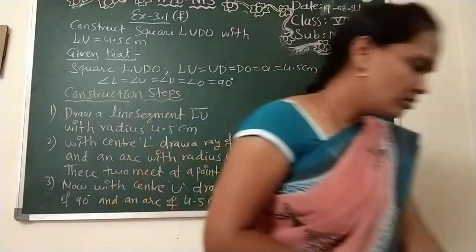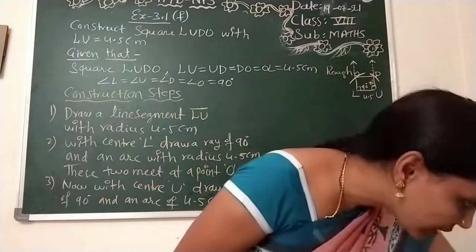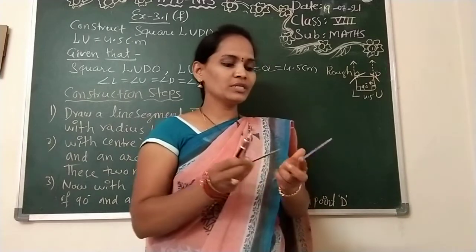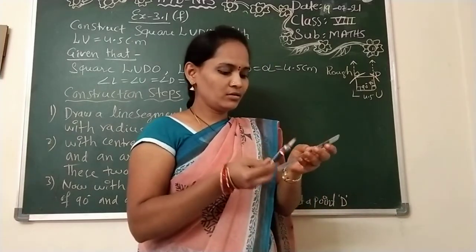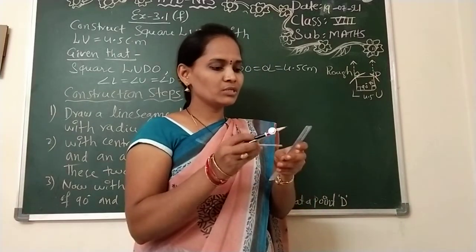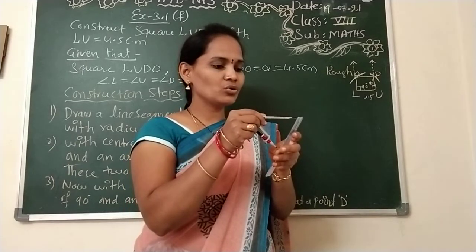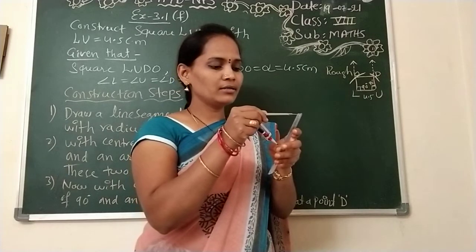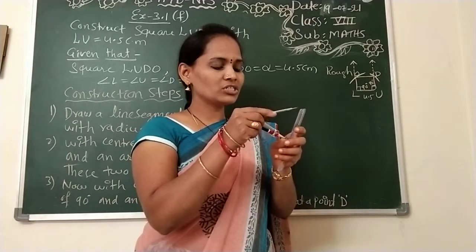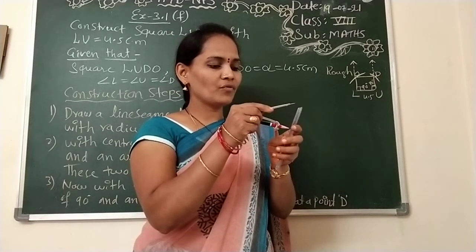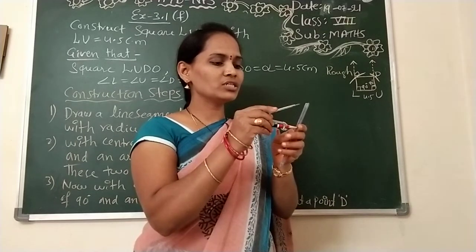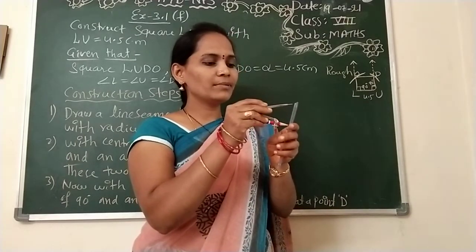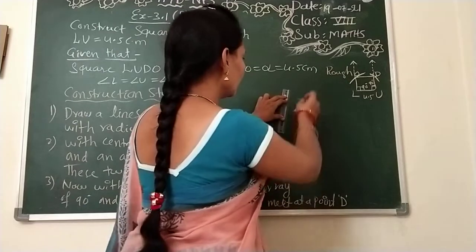After that, we take the ruler. We place the metal pointer at the zero of the ruler, this we can call the scale or ruler, and adjust the second end to 4.5. At 4.5 we adjust it like this.